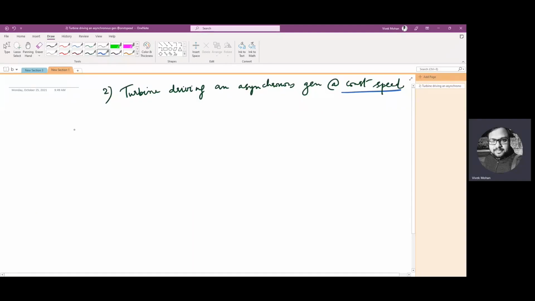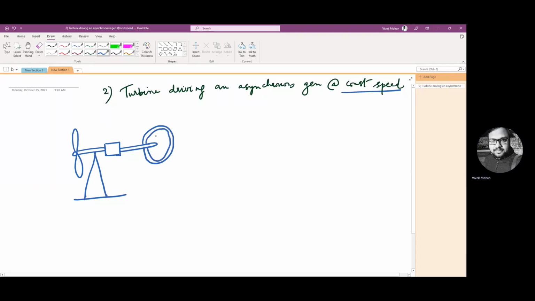So similar to what we have drawn for DC, I'm going to draw here for AC also, the induction generator. First I'll draw the blocks. So this is the gearbox, then this goes like this, and this is my induction generator.